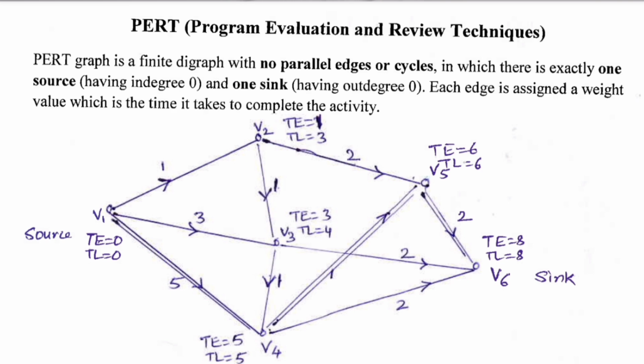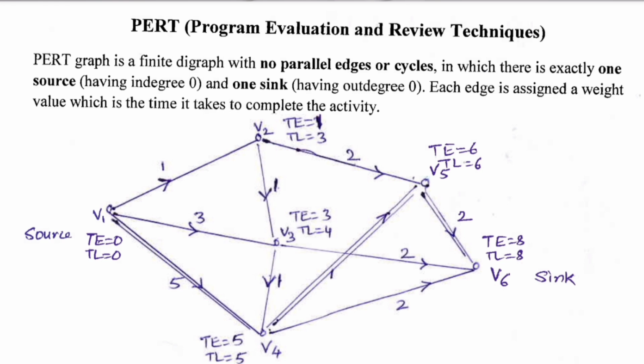In this figure, V1 is the source node which has in-degree 0, and V6 is the sink node which has out-degree 0. We start from V1 and reach V6, which is the end of the graph. From this PERT we find the critical path.